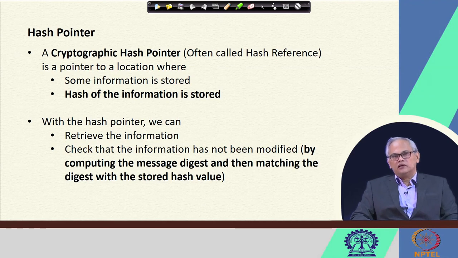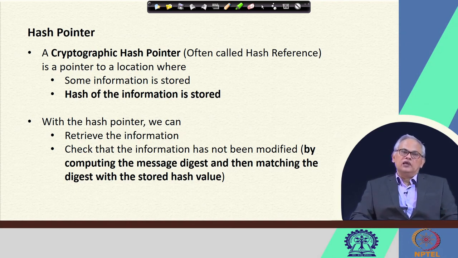Second property is that it is difficult to find two messages m1 and m2, so that h of m1, if I call that d1, and h of m2, if I call that d2. So, if m1 and m2 are different, then d1 and d2 are also going to be different. It is very difficult to find two such messages m1 and m2 for which the digests d1 and d2 are the same.